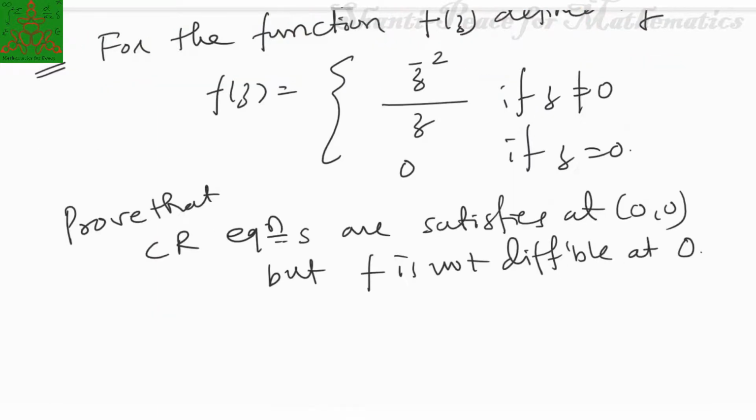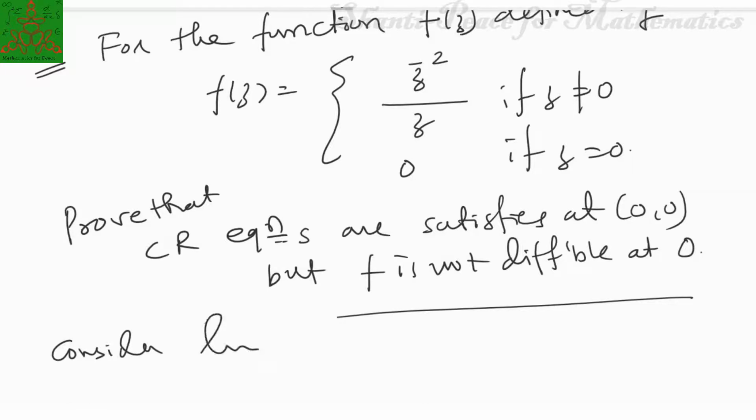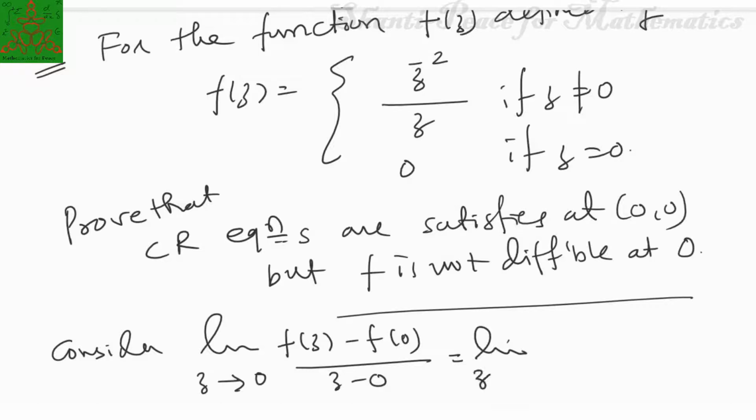So first let us try to prove that f is not differentiable at the point. For that I am considering the limit of f of z minus f of 0 upon z minus 0, as z tends to 0. This will give you the limit as z tends to 0. What is f of z? It is z bar square upon z.